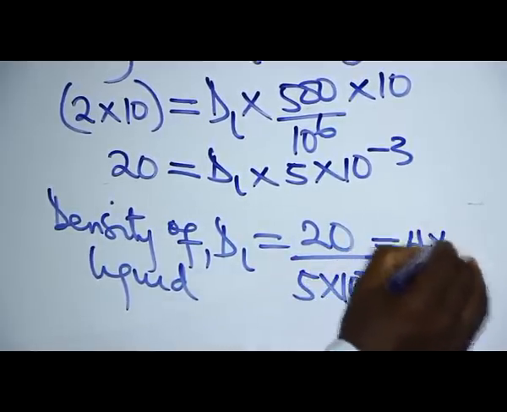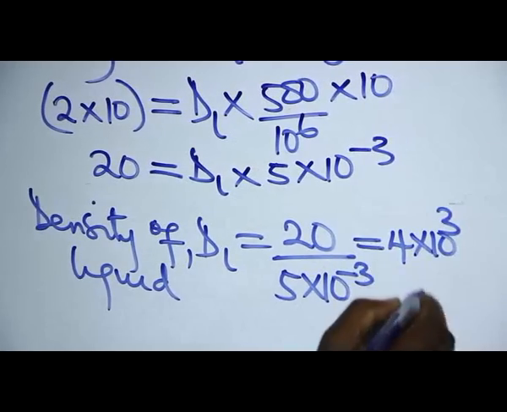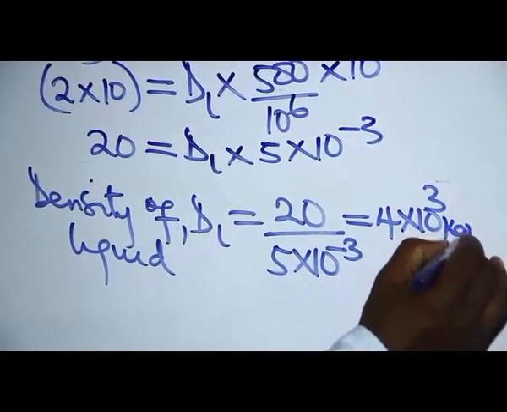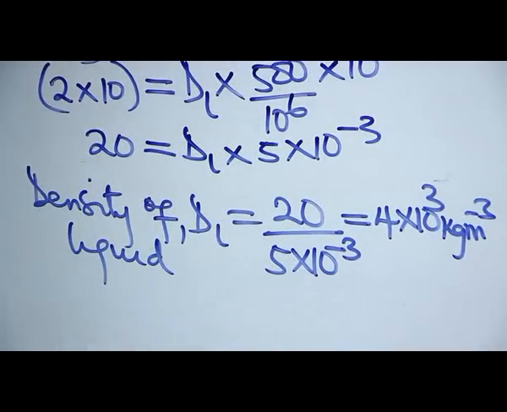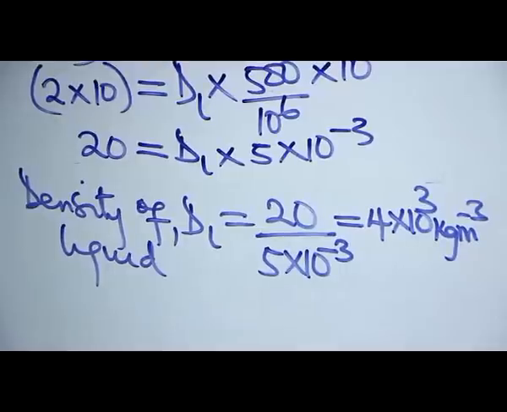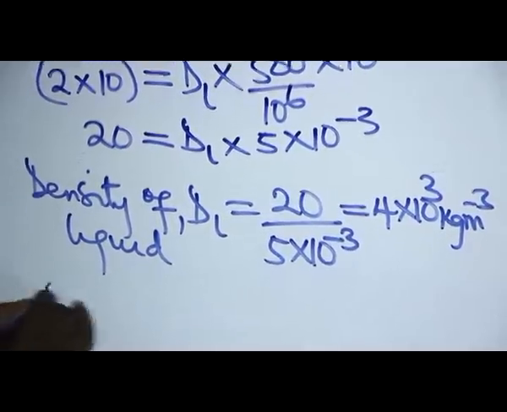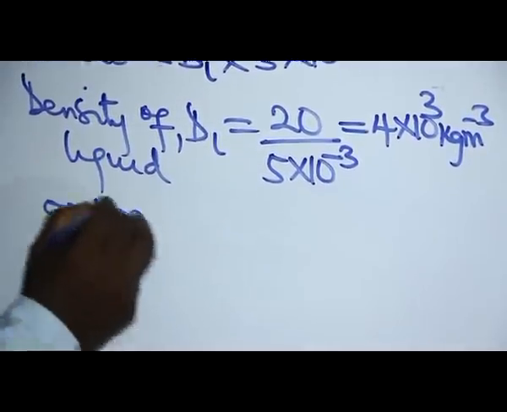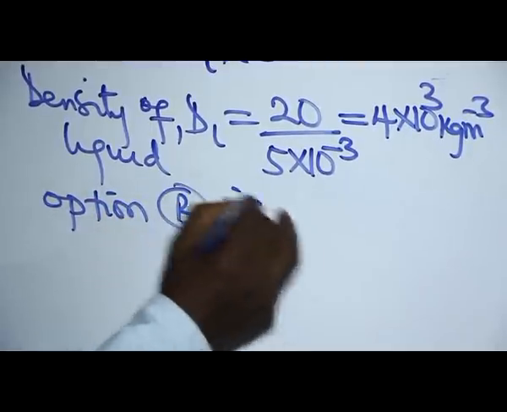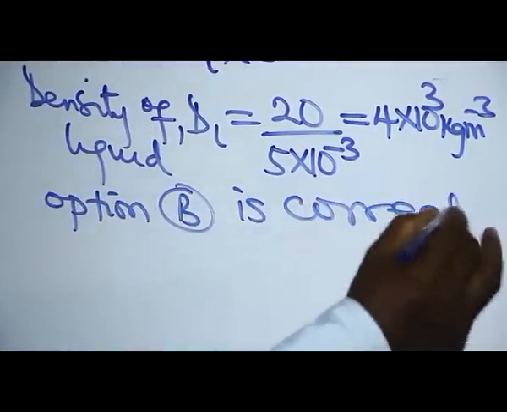And this is 4 times 10 raised to power 3 kilogram per meter cube. By this solution, the correct option is B. Option B is correct.